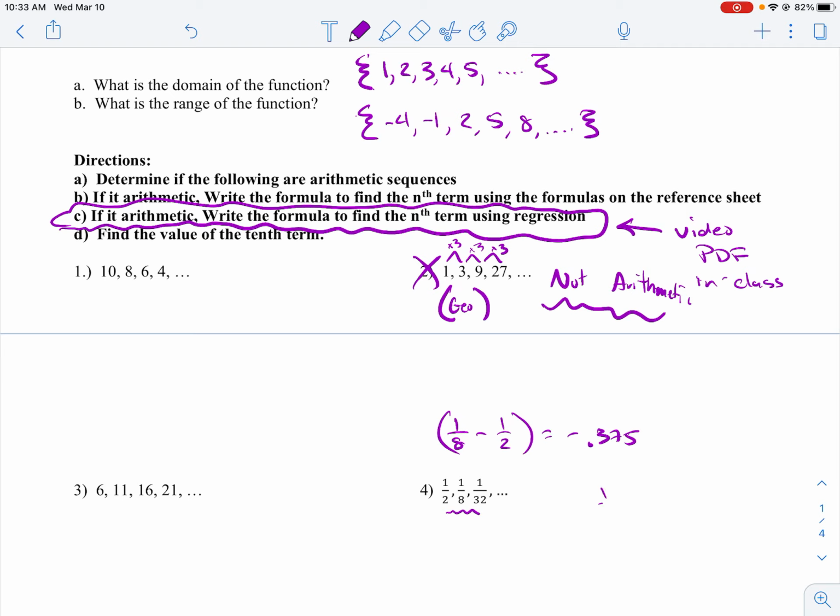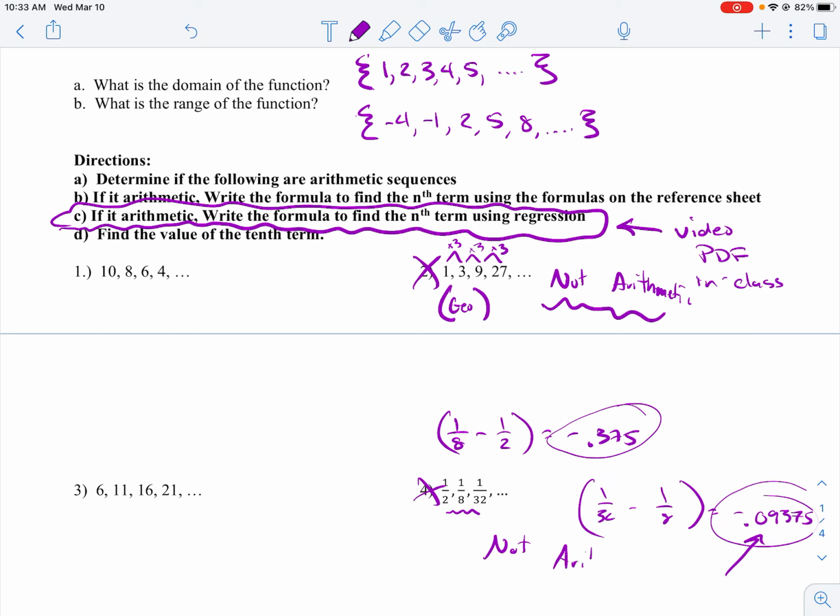And then we're going to go 1/32 minus 1/8, and that is -0.093. So as you can see, we're not changing by the same amount each time. From 1/2 to 1/8, we changed by 0.375, and from 1/8 to 1/32, we changed by a different amount. So this is not arithmetic as well.